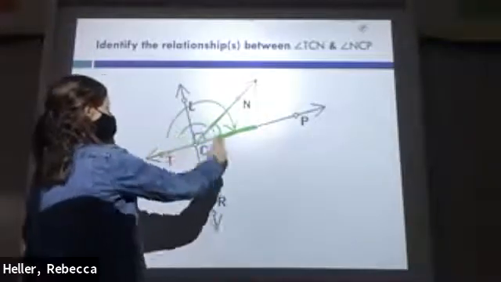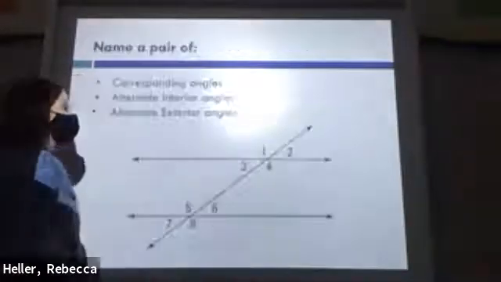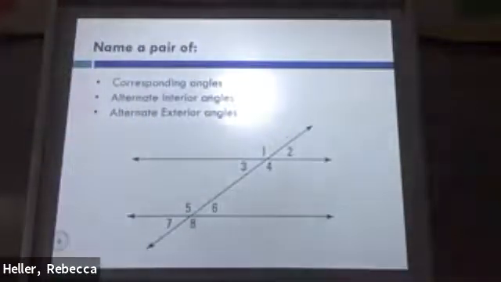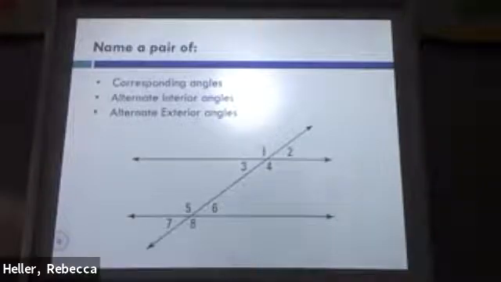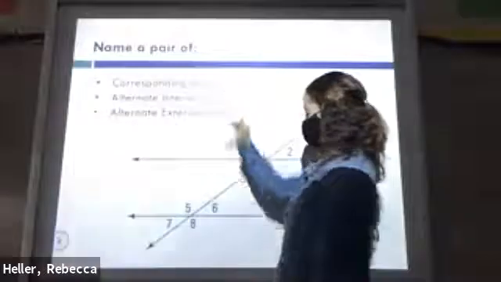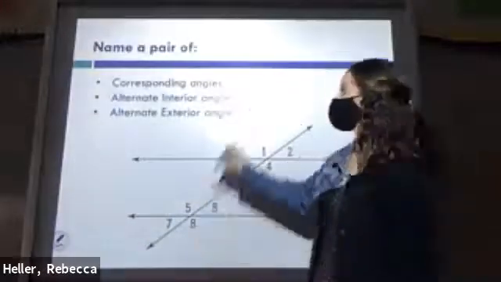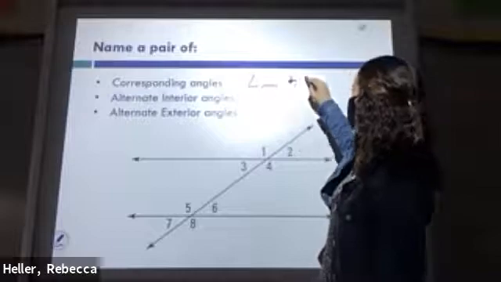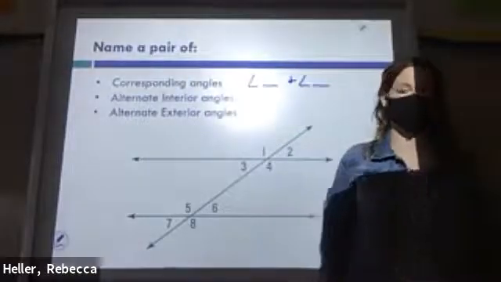Nothing else. All right, flip over to the next page of your notes, the one that we did on Friday. I want you to find one pair for each of these. So for each of these bullets, you're going to have a pair: angle blank and angle blank.